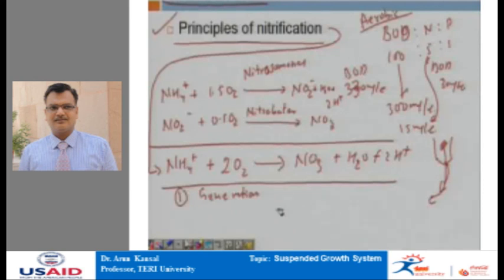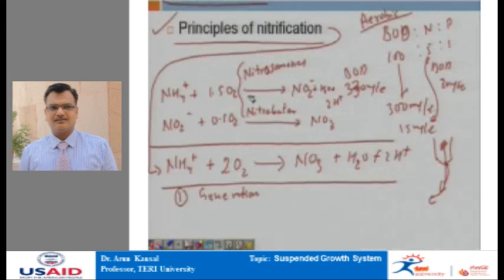So, the amount of energy to be expended to cleave the hydrogen from organic matter for the purpose of oxidation is much less as compared to inorganic matter, because there the bond energy of hydrogen is much more. So, the net energy gain in case of inorganic compounds is less as compared to organic compounds. This results in the slow growth rate of nitrifiers, Nitrosomonas and Nitrobacter. This is one of the reasons why it is slow.